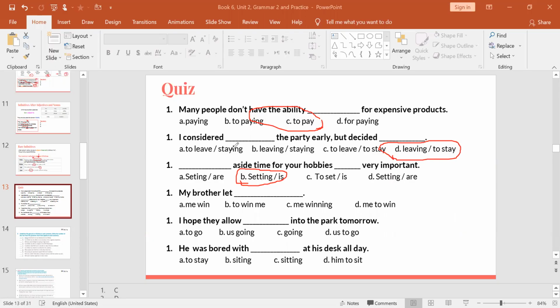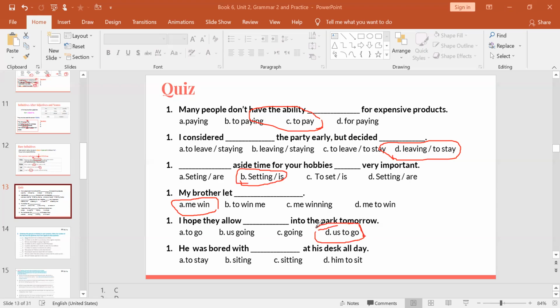My brother let, what did you get? My brother let me win. Bare infinitive. Next, I hope they allow us to go, D, to the park tomorrow.